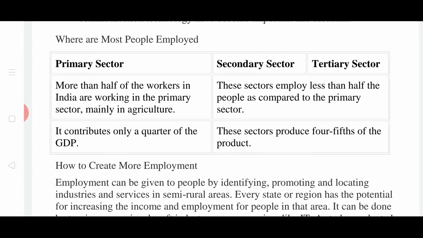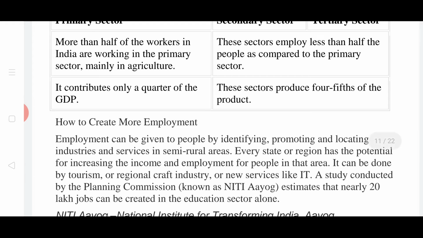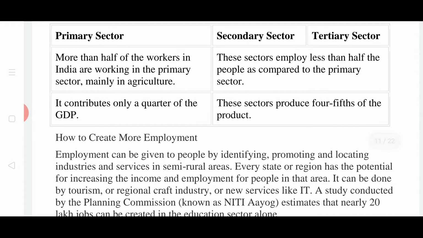These sectors employ less than half of the people, less than 50% as compared to the primary sector. And if you see contribution-wise, the primary sector contributes only a quarter of the GDP, around 25%, and the secondary and tertiary sectors produce around 60, 70% of the product.